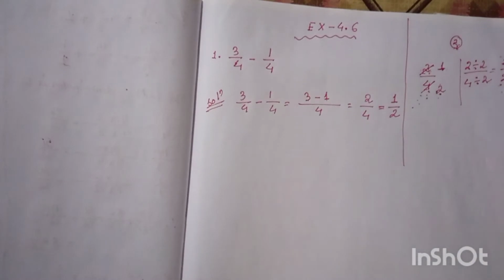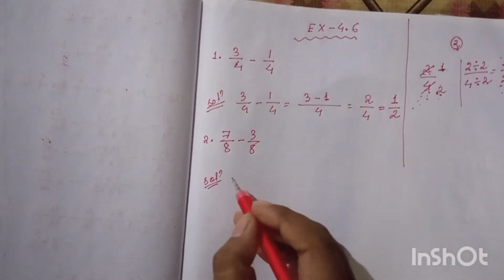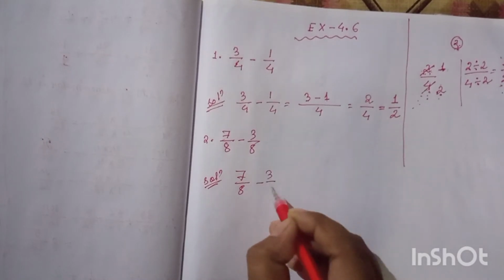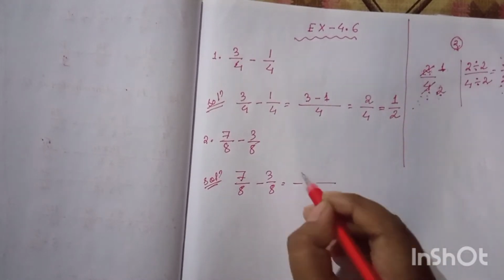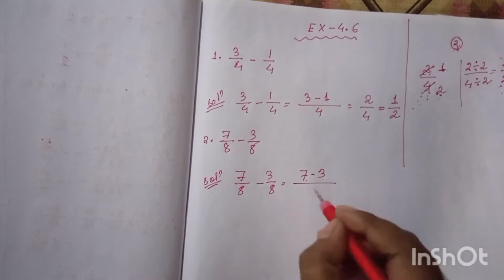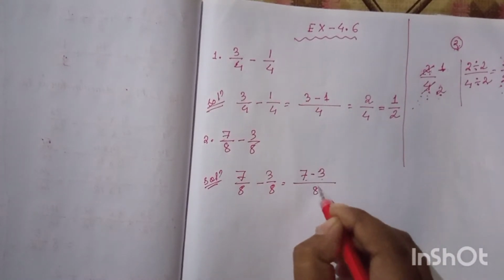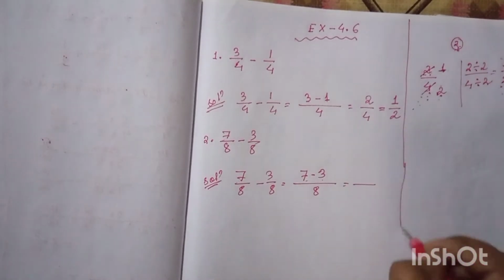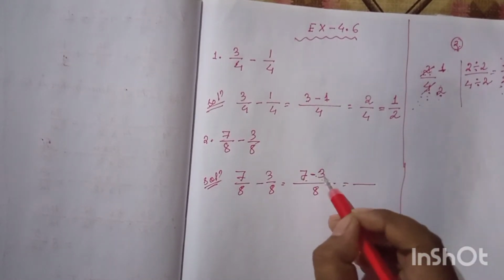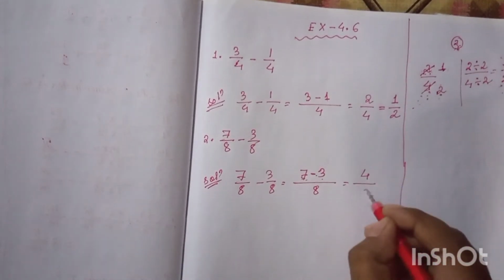Now look at the next question. The next one is also a like fraction, so we are simply going to subtract the numerators: 7 minus 3 is equal to 4 by 8.